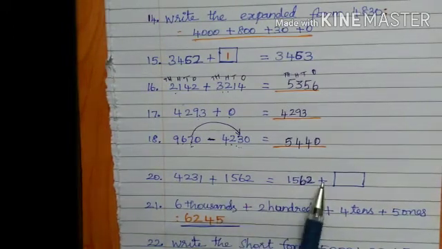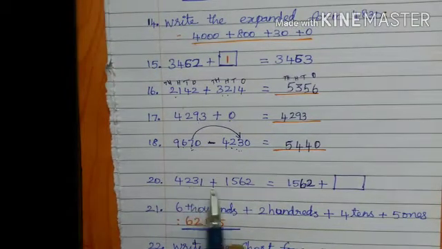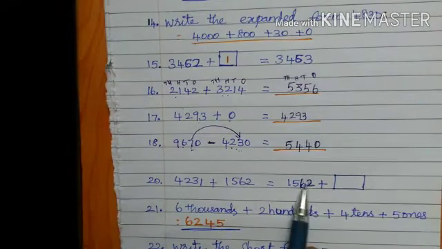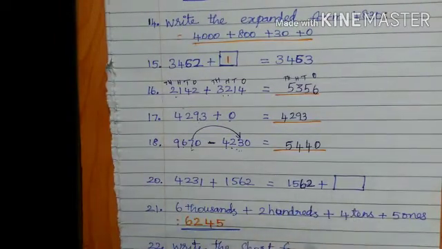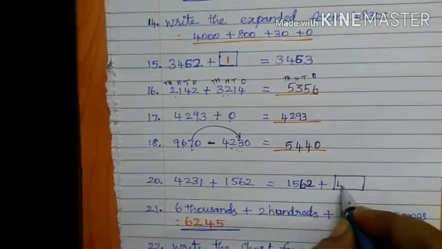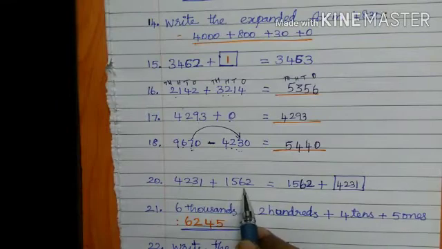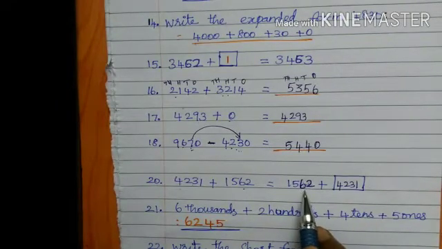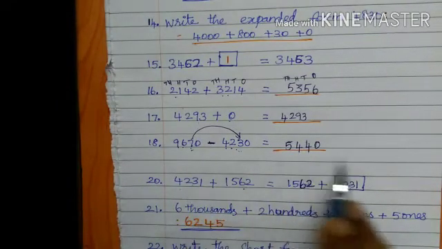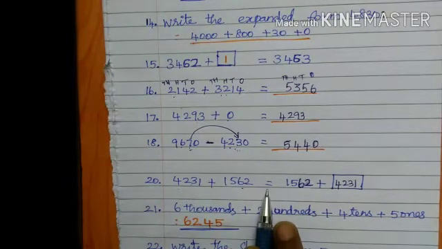Both sides are given for addition. So it is easy to find which number you added to get the same number. Yes, this number is the first number here, and move the second number, 4231. Then here the second number, on the opposite side the first number. So 1 is changed for 2, 2 is changed for 1. But you get the same answer. For addition, you get the same answer.